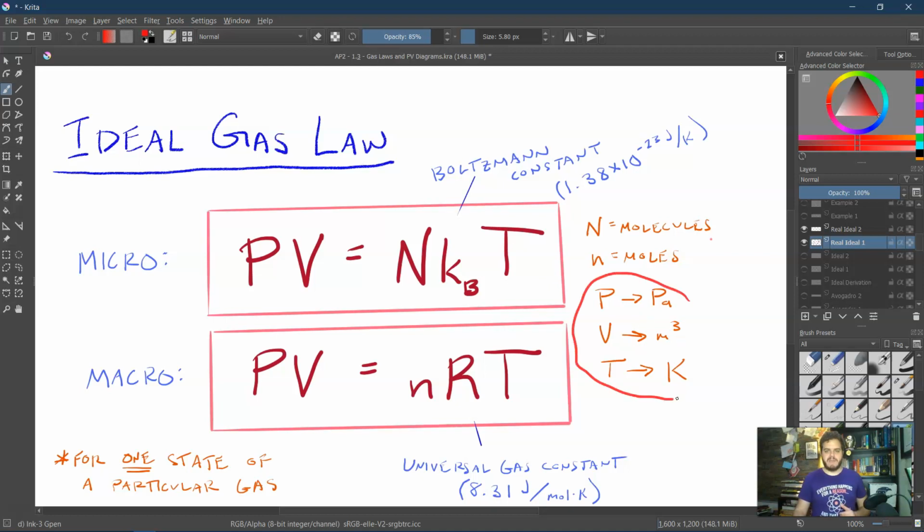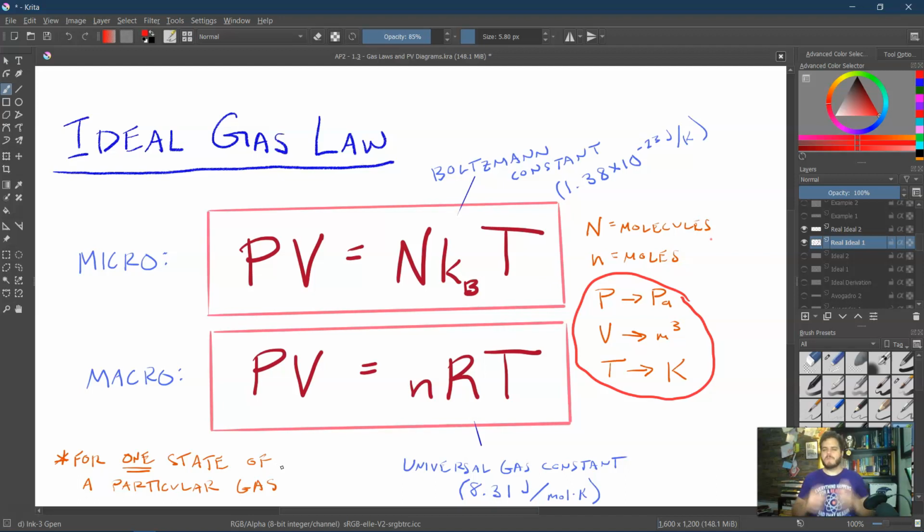You always have to have these in these units for this to work properly. I have Boltzmann's constant, which is 1.38 times 10 to the negative 23 joules per Kelvin, and the universal gas constant, which is 8.31 joules per mole times Kelvin. Capital N is the number of molecules, lowercase n is the number of moles.